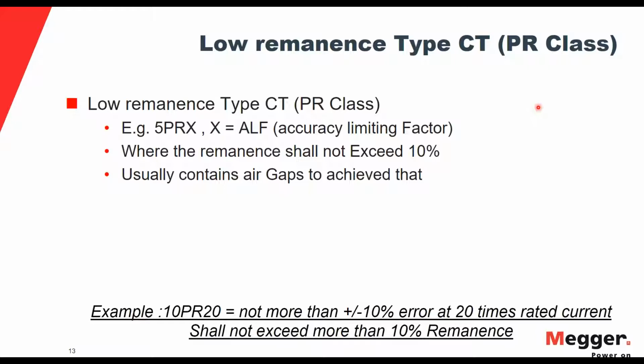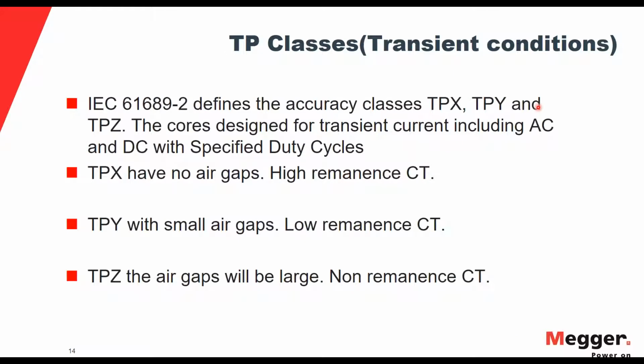The next classification that we have is the transient condition or TB classes, which usually have 3: TBX, TBY, and TBZ. These classifications are designed for transient conditions, like having AC and DC currents during a fault for specific duty cycles. These CTs can transfer those waveforms efficiently for that application.